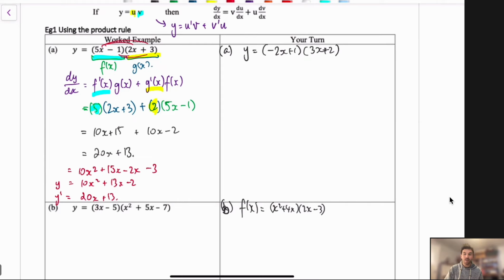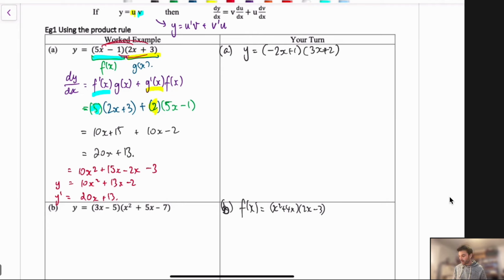So you can see here it's made the same work. Now, when these get more tricky, you'll find that the product rule is a better strategy. But for this one, maybe you wanted to expand first because they're both linear and then differentiate. It might be easier. So you're going to find this point where the product rule becomes the better strategy but sometimes it's not the best strategy. Sometimes expanding is better. Have a go at your turn now.